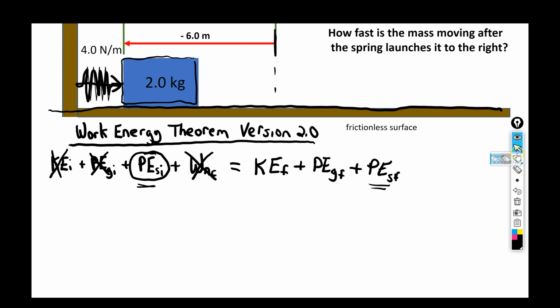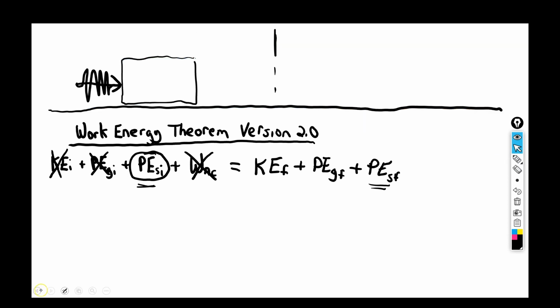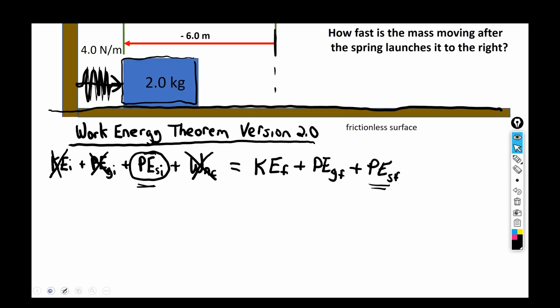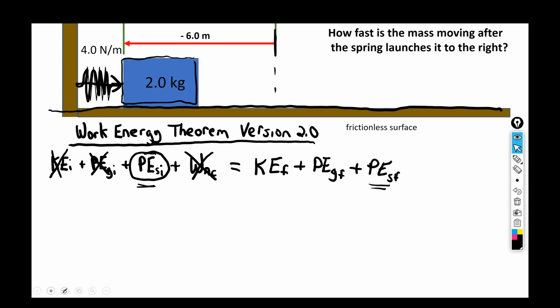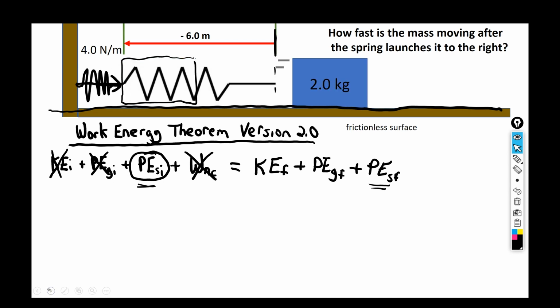Now, let's let the animation go here. Now, at this second point over here, you see I drew these little lines right here indicating that it's moving.